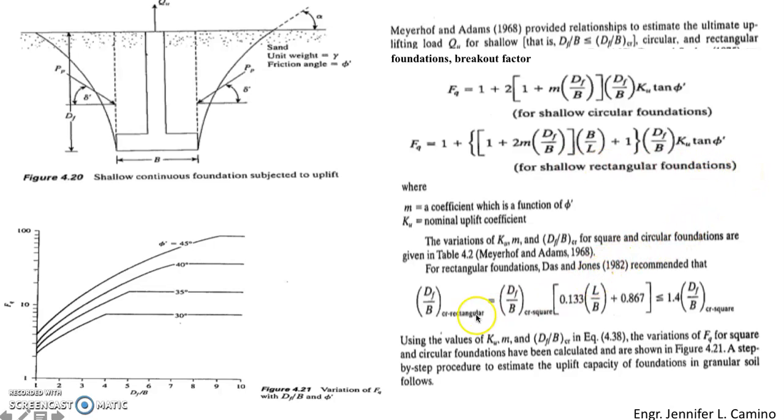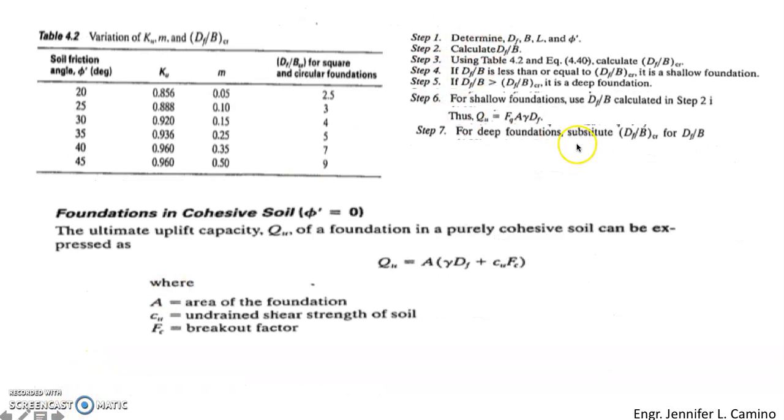We are also provided with the values for the computation of the critical ratio between the depth of embedment and the width of the foundation for rectangular foundations. For this, we have steps on how to estimate the uplift capacity of a shallow foundation that is constructed in granular soil. So we have here the steps.